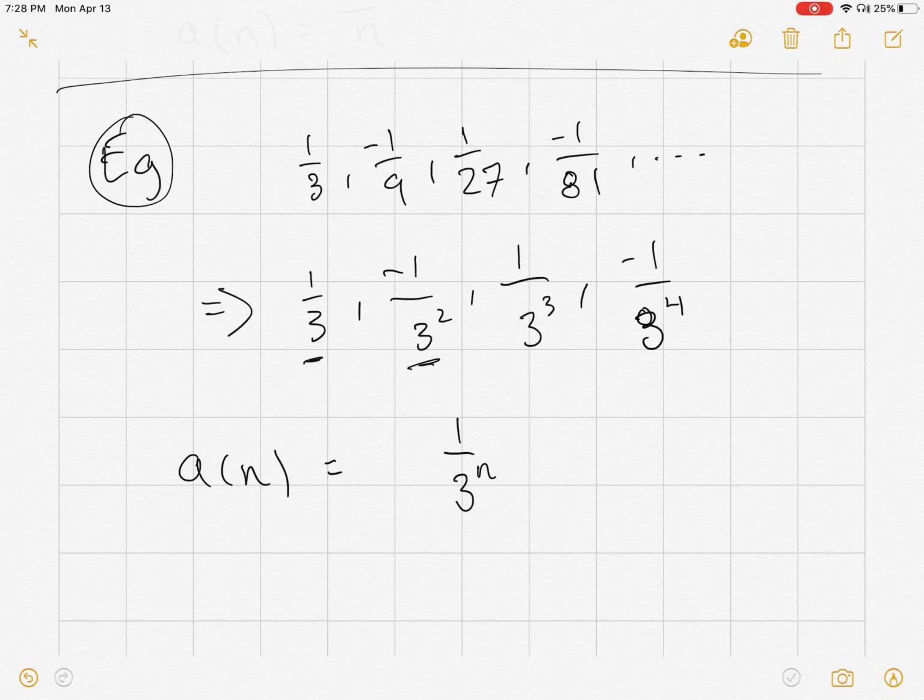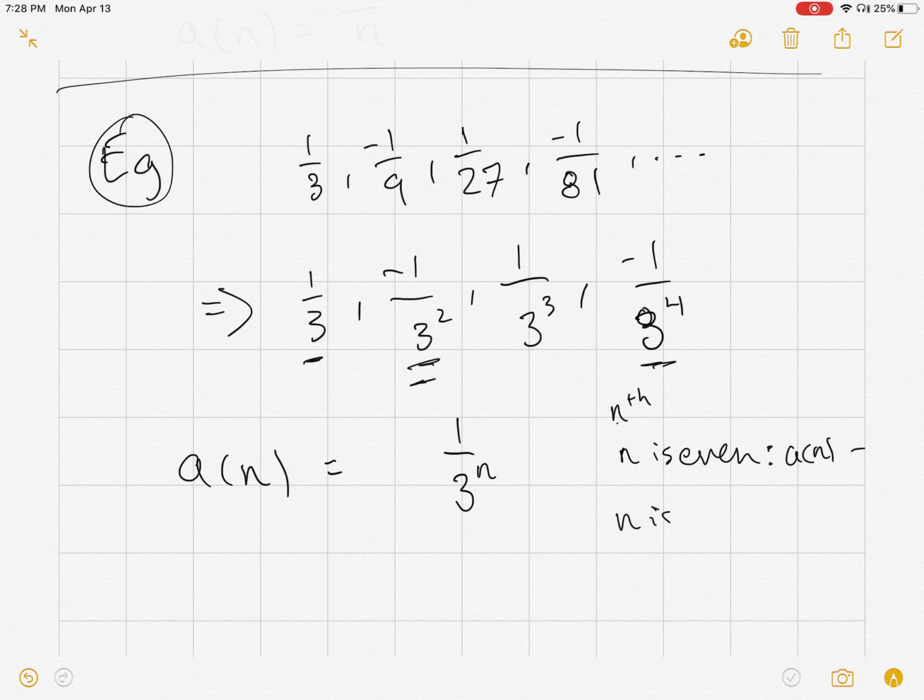Now the other thing that we can see here is that it's flip-flopping back and forth between negative numbers and positive numbers. When we're looking at our nth term, when n is even, a of n is negative.